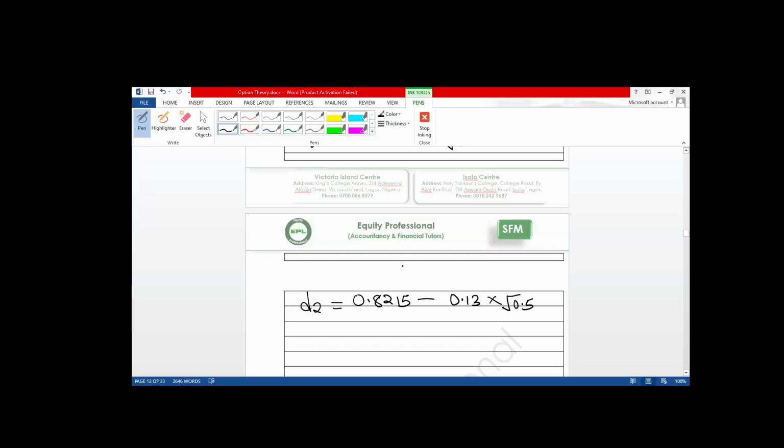Please work this out. You put this in brackets for convenience. Your answer should be in 4 decimal places. If you check your answer, you are going to have 0.7296.